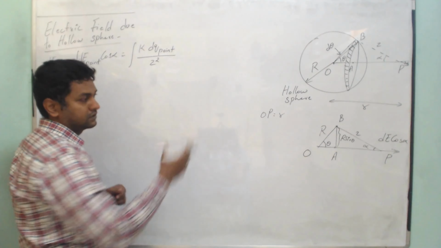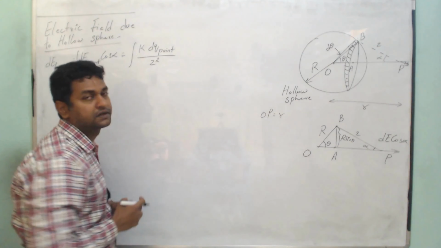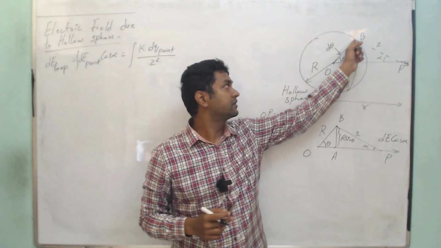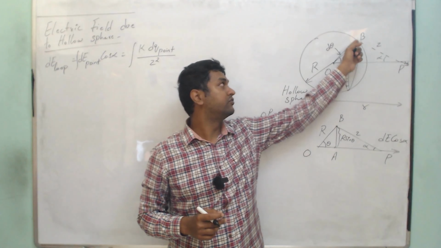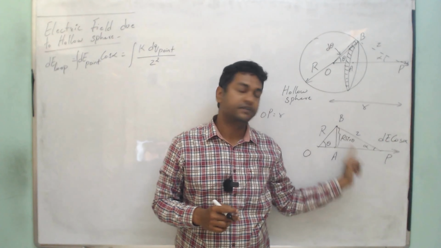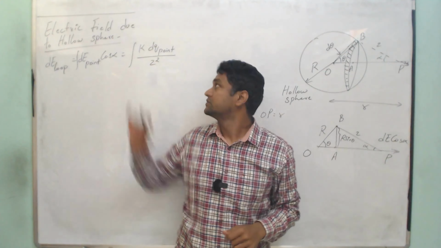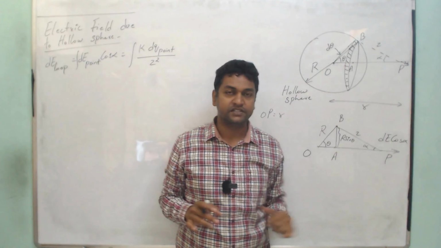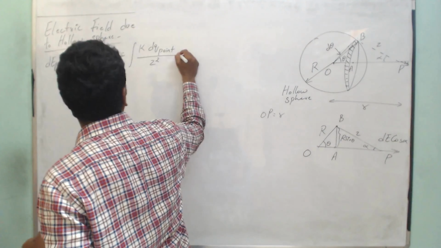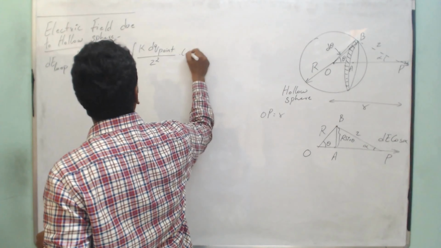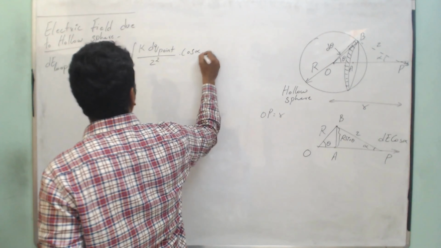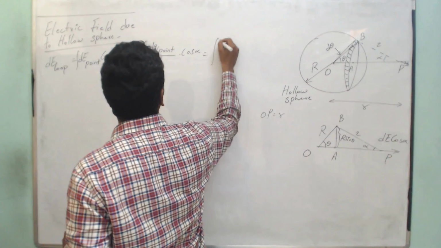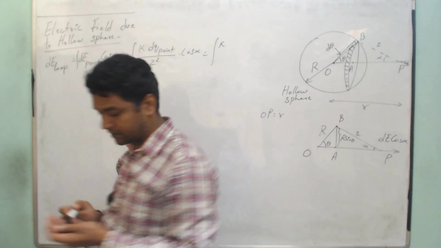Here it is z. In this figure, every point on the loop is at a distance of z from the point. So k dq of each point divided by z square into cos alpha.